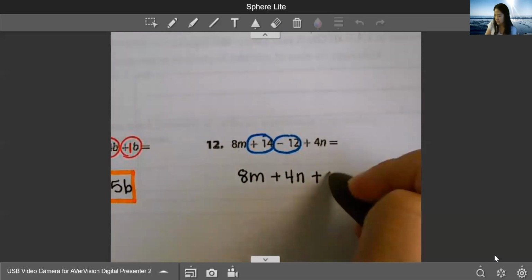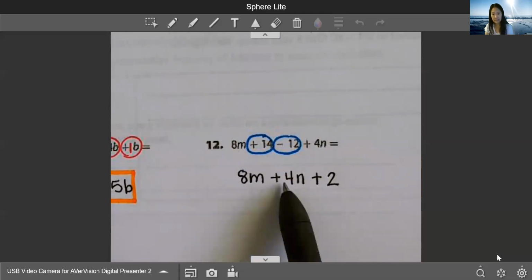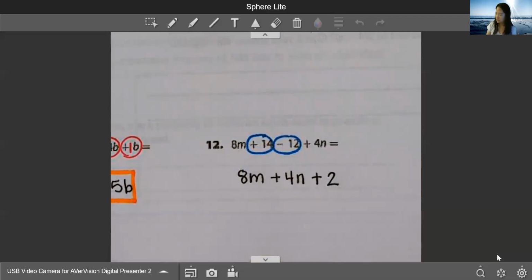So then plus 2. 8m plus 4n plus 2. Here you go.